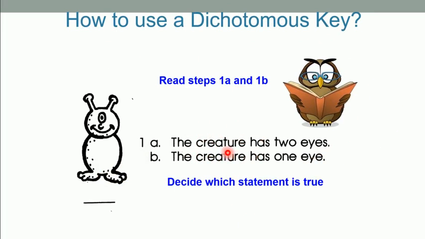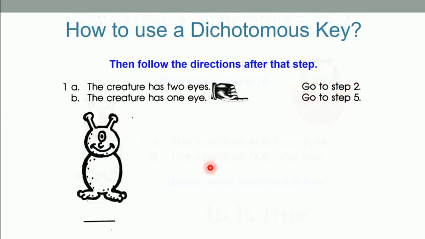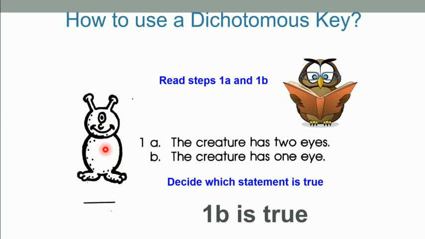There will be the first couplet which says the creature has two eyes, or the creature has one eye. So we look at the organism. It has one eye. So obviously we are going to select statement B, that is, the creature has one eye.